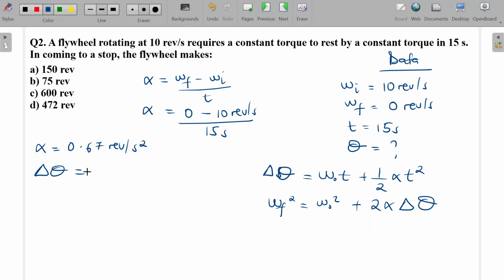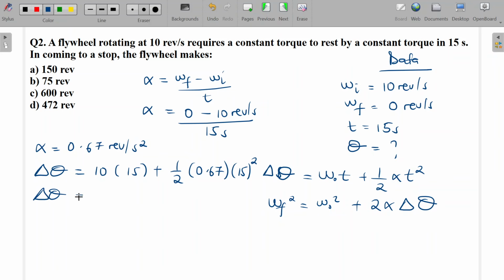So it's 10 revolutions, just say 10 times the time, which is 15, plus 1 over 2 times the angular acceleration, which is 0.67, and then the time is just 15 squared.